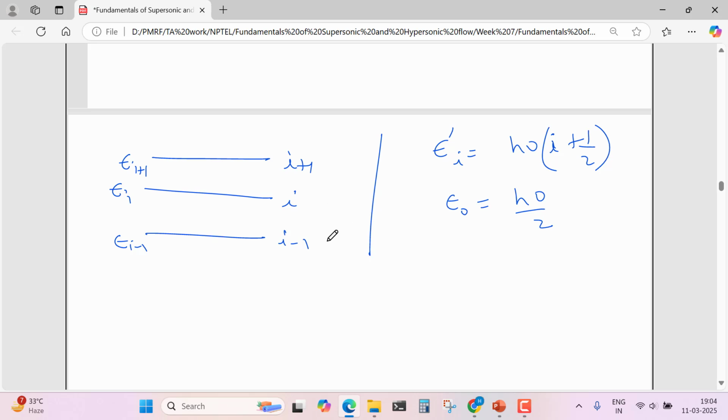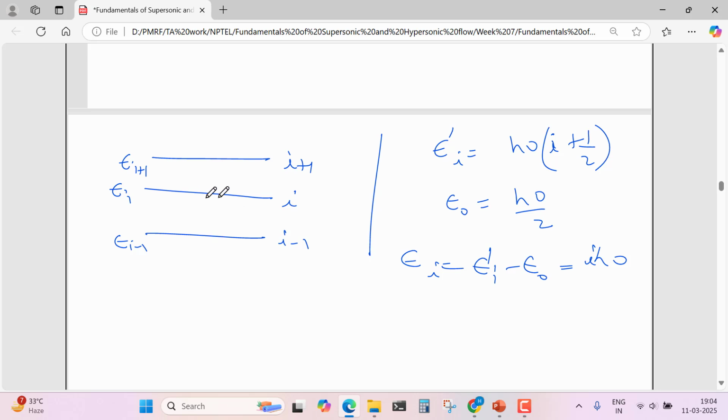So the energy above the zero level is given by epsilon I equal to epsilon dash I minus epsilon dash 0, which is nothing but I h nu. So here energy is written above the zero level.